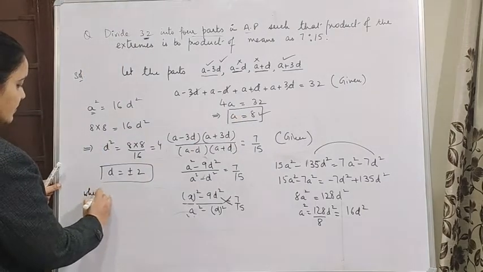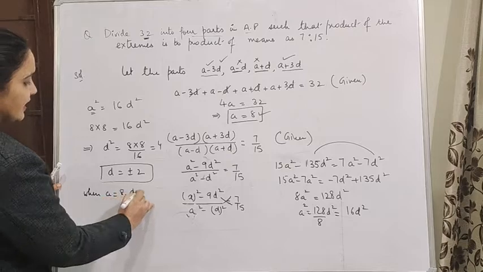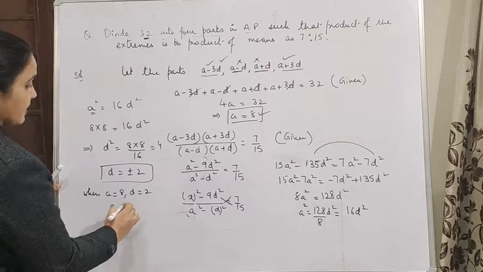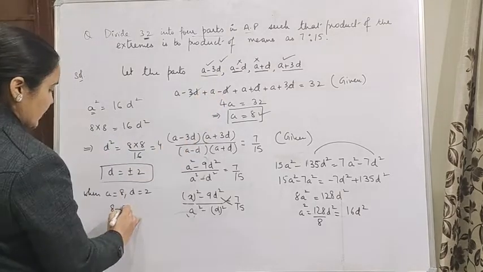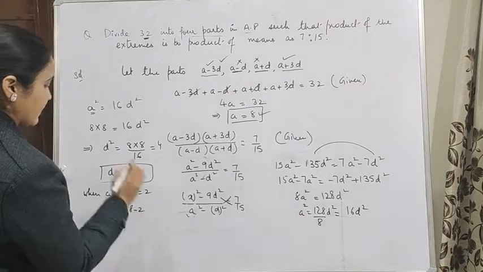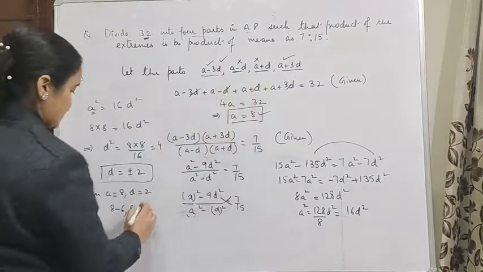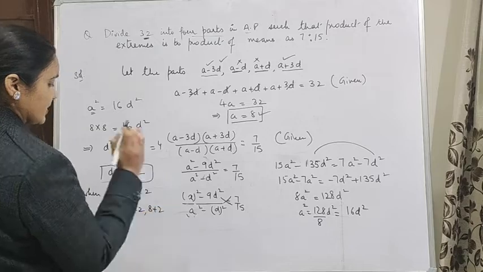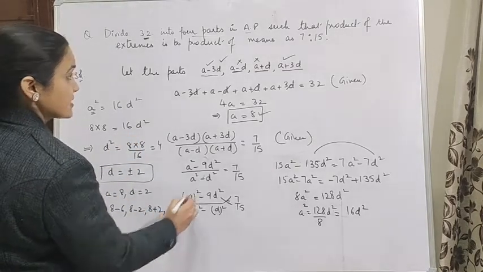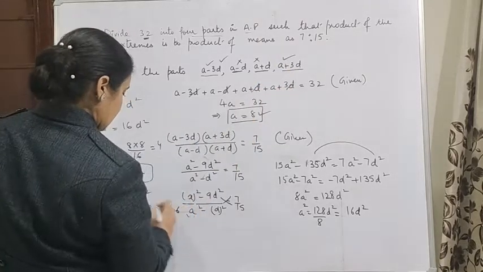When A is 8 and D is 2, the numbers are A minus 3D, 8 minus 3 into 2, which is 2; A minus D, 8 minus 2, which is 6; A plus D, 8 plus 2, which is 10; and next is A plus 3D, which is 14. Clear?